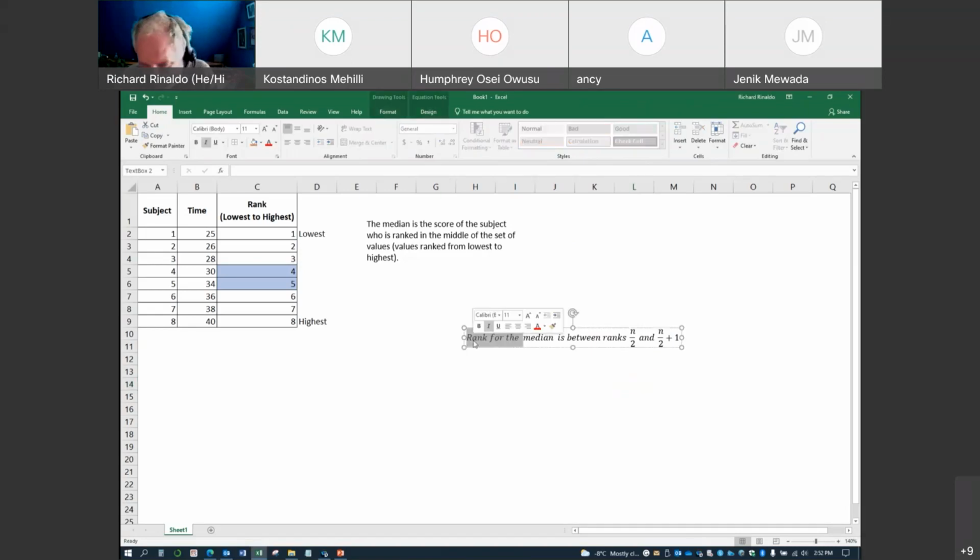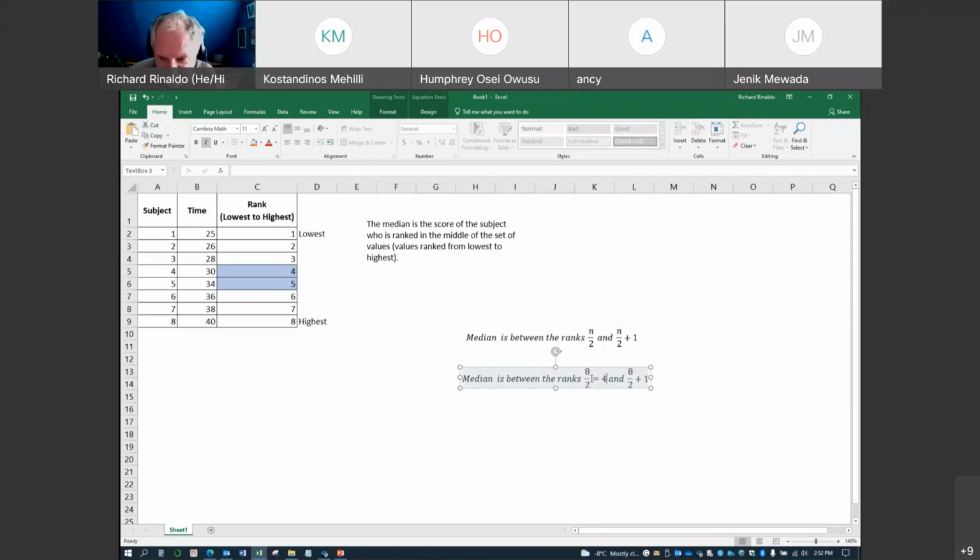The median is the ranks of n divided by 2 and n divided by 2 plus 1, which is 8 divided by 2 and 8 divided by 2 plus 1, which equals 4 and equals 5.